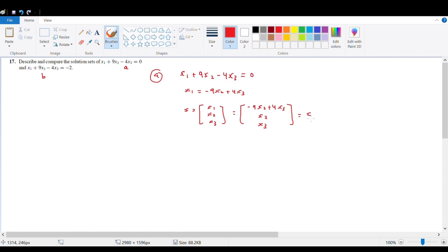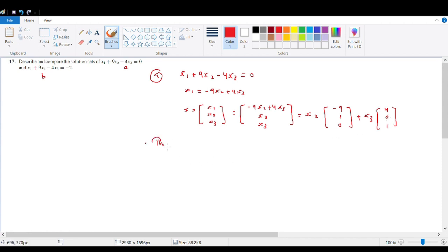So this will give us x2 multiplied by (-9, 1, 0) plus x3, we take the coefficient of x3 from here, (4, 0, 1). So from here we see that the solution set of this set is a plane through the origin spanned by the vectors (-9, 1, 0) and (4, 0, 1).